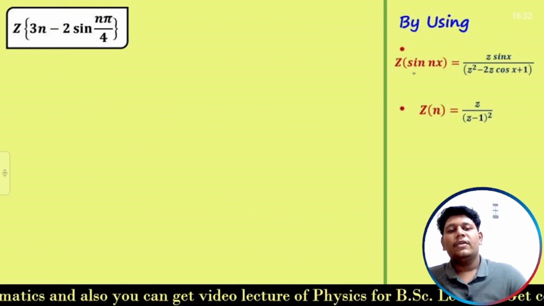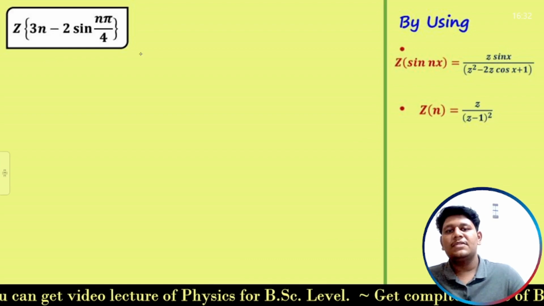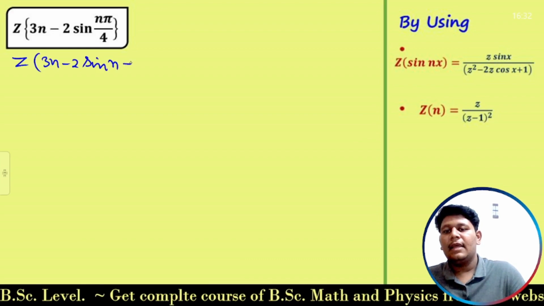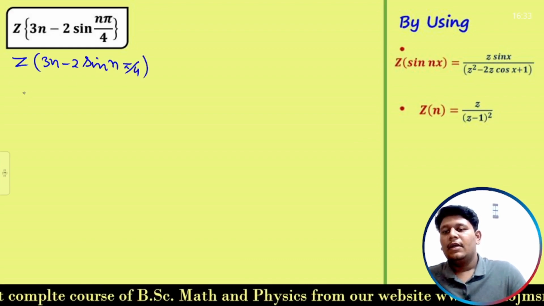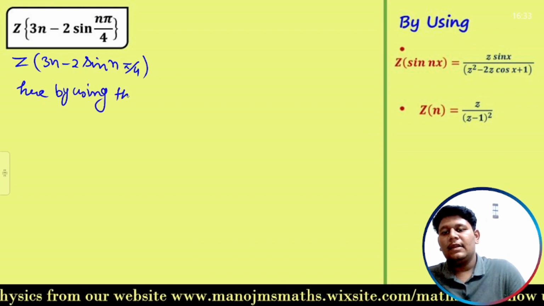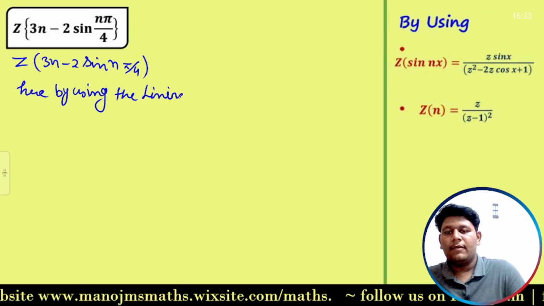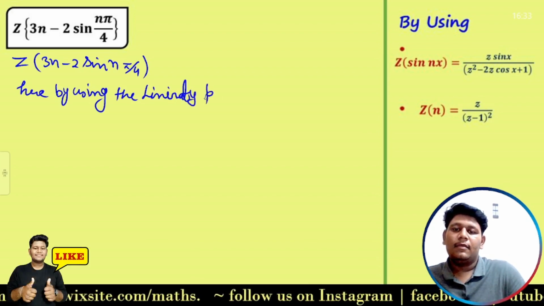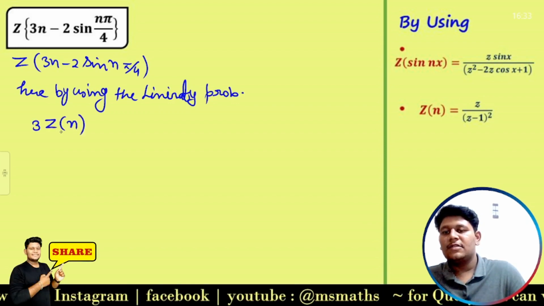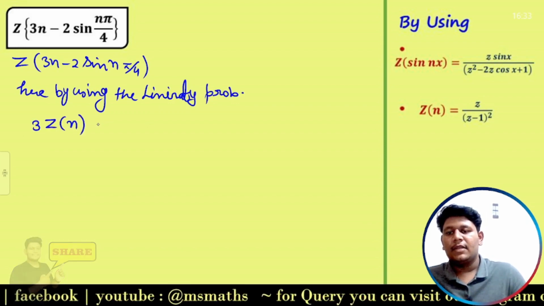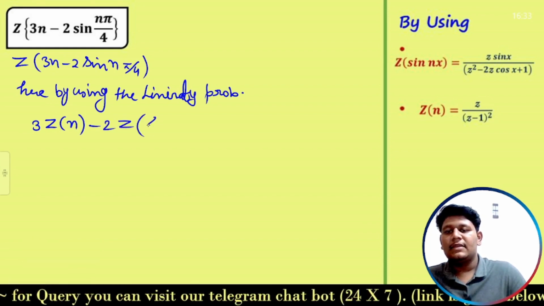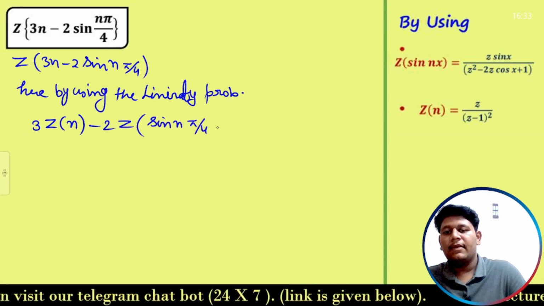First of all, by using the linearity property, the z transform of 3n minus 2 sin n pi by 4. I have discussed the linearity property: 3 is a constant, then z transform of n, minus 2 is a constant, z transform of sine n pi by 4.